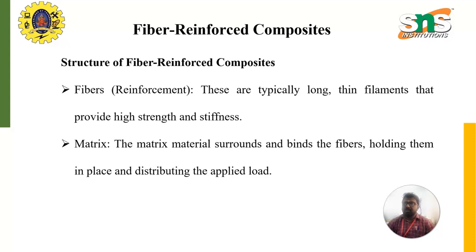Fibers used are carbon, glass, and so on. The matrix material surrounds and binds the fibers, holding them in place and distributing the applied loads. Generally it is used in high performance applications, for example aerospace, automotive, and construction.